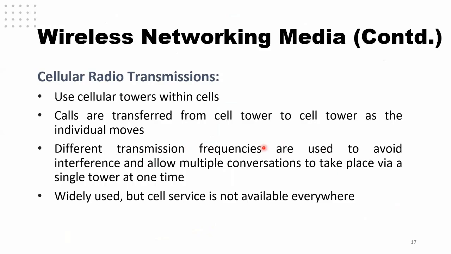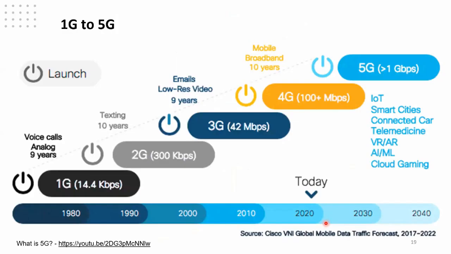Different transmission frequencies are used to avoid interference and allow multiple conversations to take place via a single tower at one time. So these are widely used. And when it comes to cellular technology, it has evolved over time from 1G connections to 5G connections nowadays. If we compare this evolution, what has changed is the bandwidth.